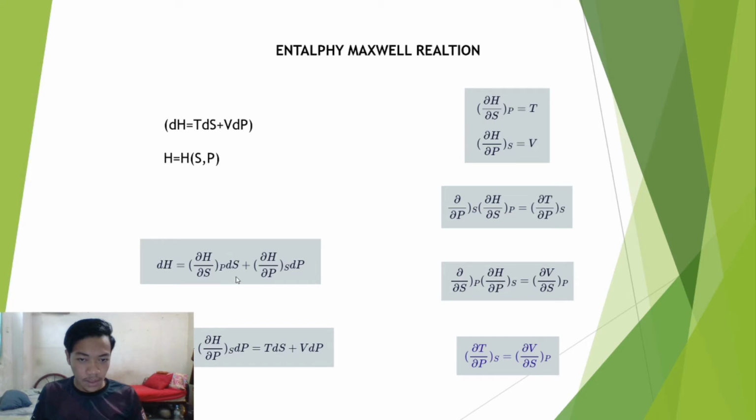Now equate this to the differential to get this equation, and then equating the coefficients of dS and dP, we get this one: (∂H/∂S)_P equal to T, and (∂H/∂P)_S equal to V. Then differentiate both sides of the first expression with respect to P while keeping S constant.